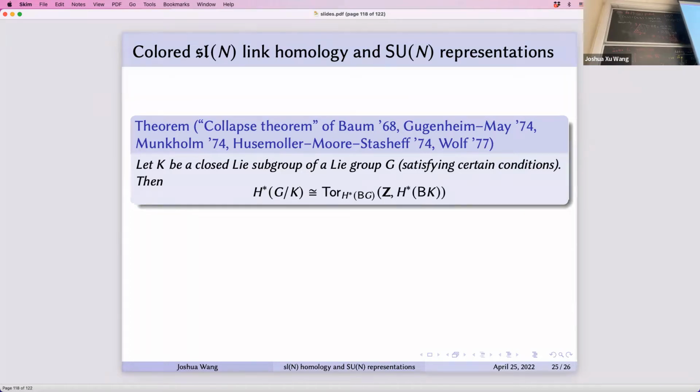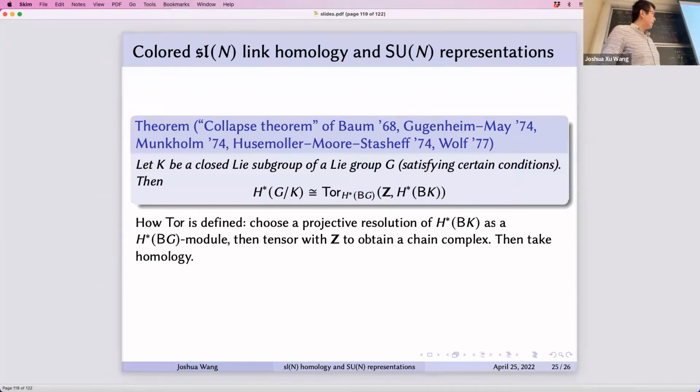The BG and BK are classifying spaces. I'll just remind you that Tor is obtained by first taking a projective resolution of one of the terms, and then you tensor it with the other term. You get a chain complex, and then you take homology.